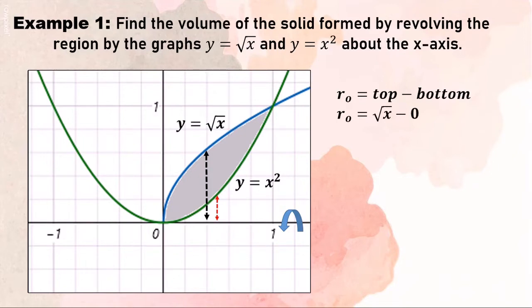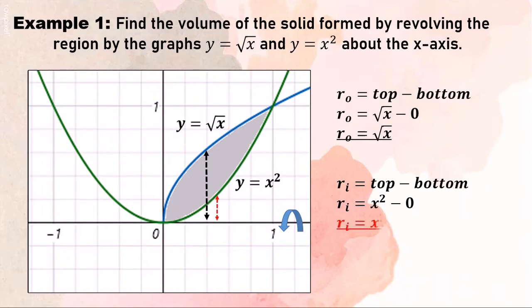So where do we get 0? The x-axis is also equal to y equals 0. Then simplify, so our outer radius is equal to square root of x. For the inner radius, again, just subtract the bottom from the top. Our top here is x squared minus the bottom 0. Then simplify, inner radius equals x squared.